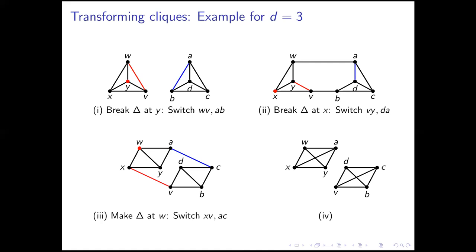So the first move is I single out this vertex Y and I break that triangle at Y, the triangle YWV, by switching the edges VW and AB. Doing that converts the two cliques into a single graph, which is the one shown in figure 2.